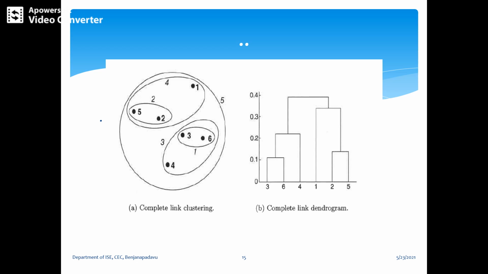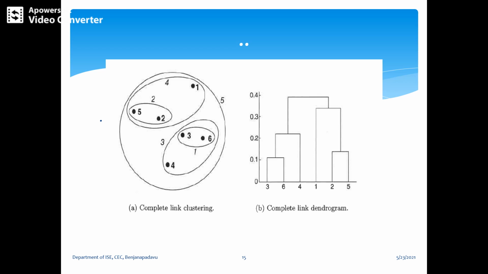Then 2 and 5 are merged with 1, and finally it becomes one cluster. So complete link merges 3 and 6 first, then merges that with 4. Next, 2 and 5 are merged, and then both will be connected to 1.